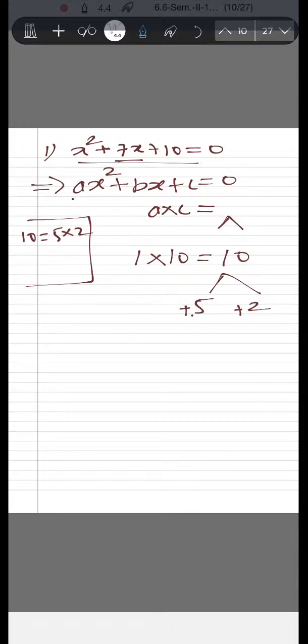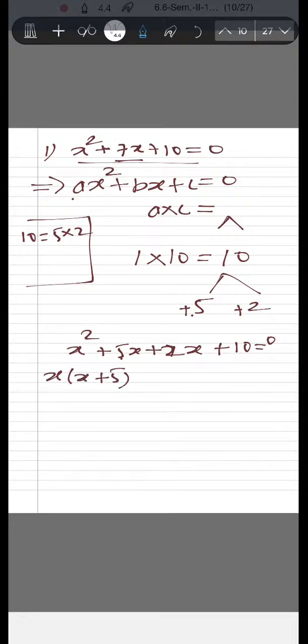So that equation I can now write in such a way: x square plus 5x plus 2x plus 10 is equal to 0. Here you can see that 5x plus 2x, which is equal to what will I get? 7x. Okay, now I will take x common here: x into (x plus 5) plus 2 into (x plus 5) is equal to 0. So what will I get in the next step? (x plus 2) in the first bracket, (x plus 5) in another bracket.